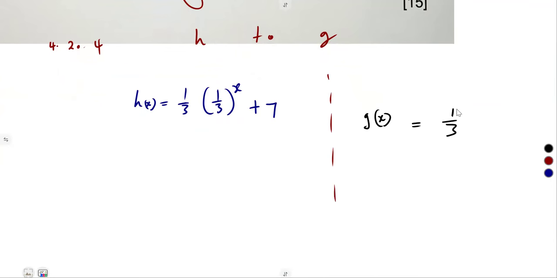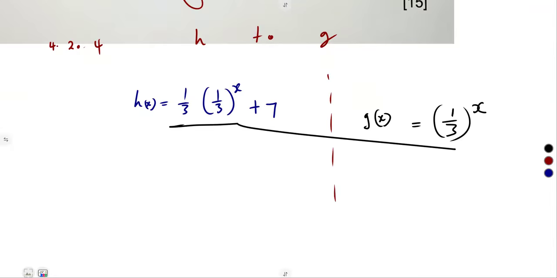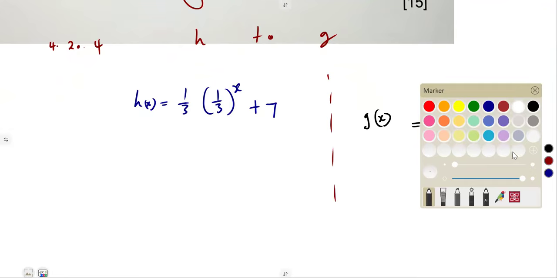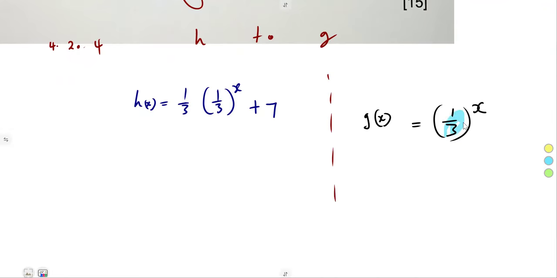Our g(x) is given as 1 over 3 to the exponent of x. So the question is, what happened from this graph to this graph? As we can see, just a single 1 over 3 to the exponent of x. The 7 is not there.